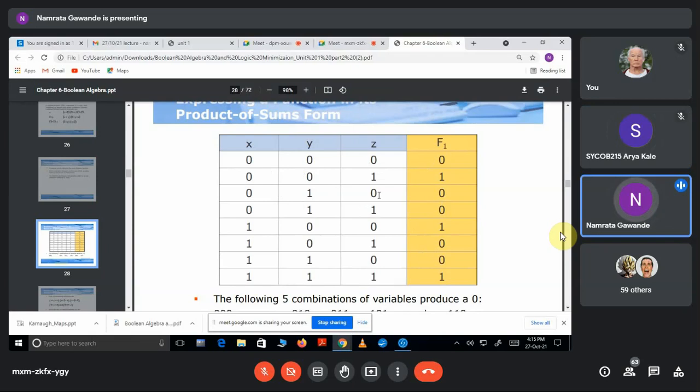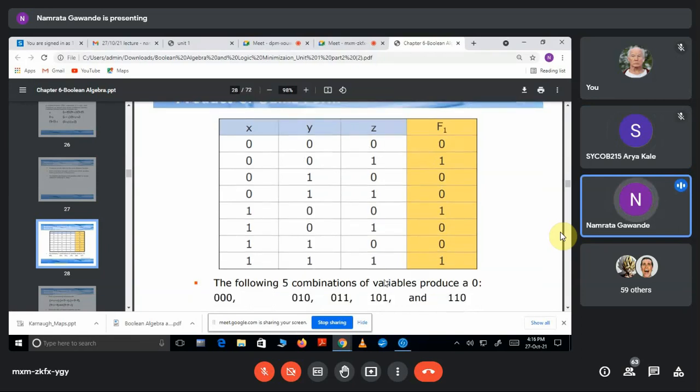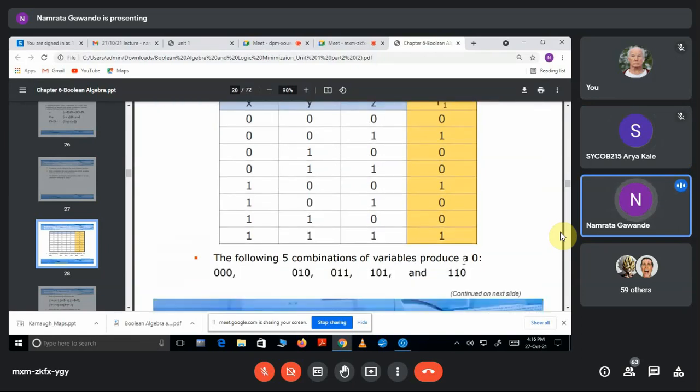Then 0, 1, 0 means 2. Then 0, 1, 1 means 3. Then 1, 0, 1 means 5. And 1, 1, 0 means 6, right? So there are a total of 5 combinations producing the output as a 0.